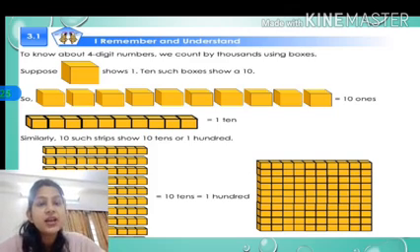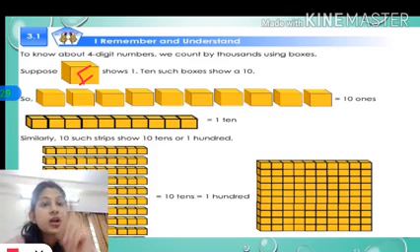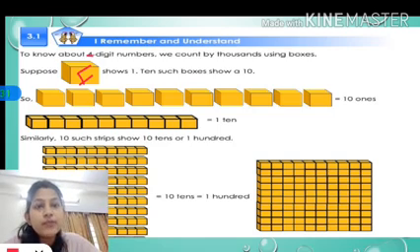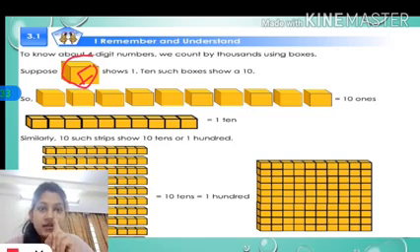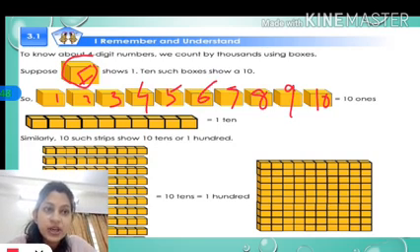See here, students, see this one. The first picture shows 1. This one block means 1. If like that 10 blocks are there, 1 2 3 4 5 6 7 8 9 10 blocks, it will become 10 ones.